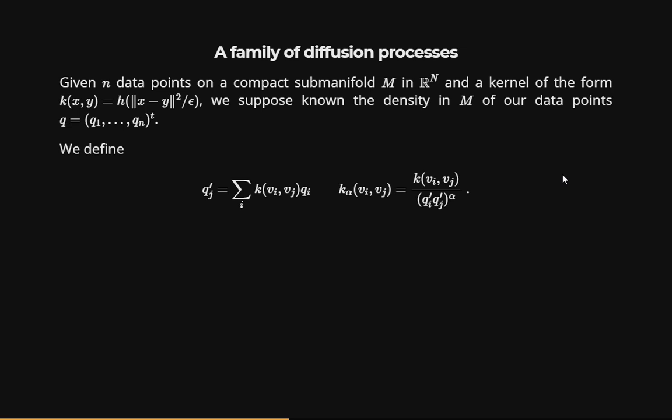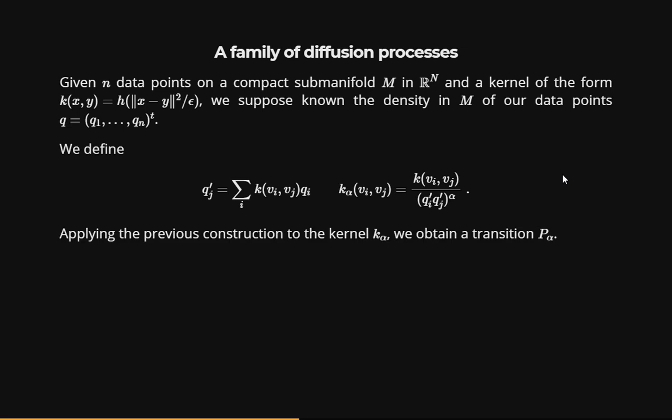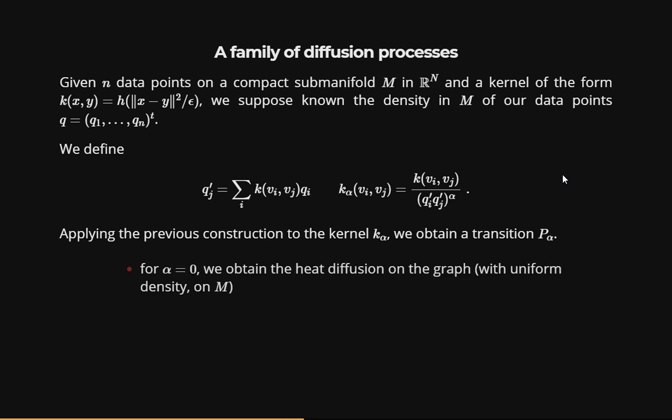This is again a kernel because it's symmetric and non-negative. Now, we apply the previous construction, and we obtain a transition matrix P alpha.